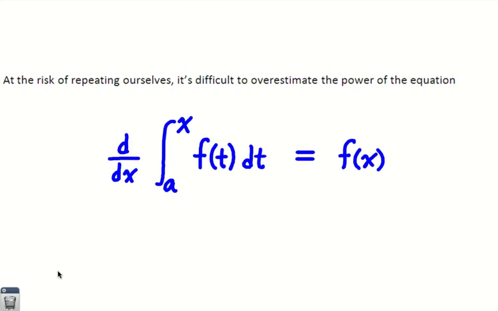But anyway, once again, pause the video to finish writing that down if you need more time before we move on. At the risk of repeating ourselves, it's difficult to overestimate the power of basically that. The derivative of the integral is the original function.